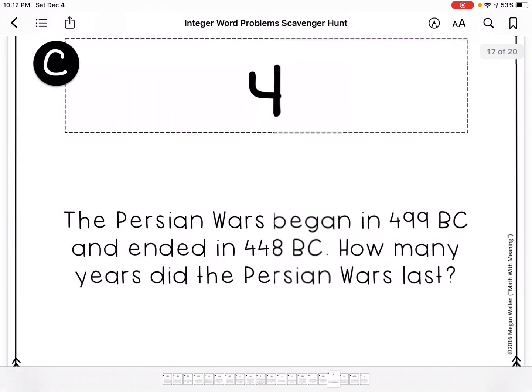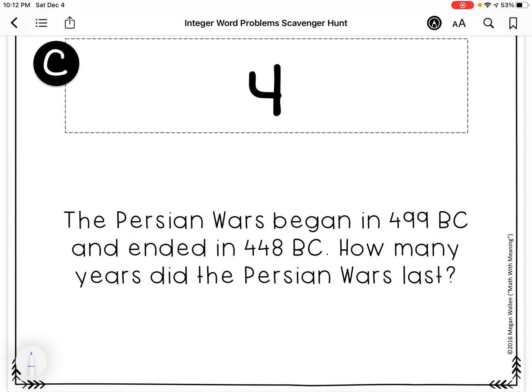The Persian Wars began in 1499 BC and ended in 1448 BC. How many years did the Persian Wars last? So I'm doing negative 1448 minus a negative 1499.